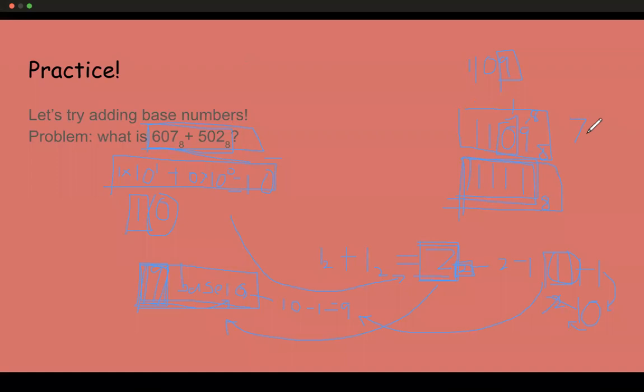So what happens when we exceed 7? Kevin? What happens when we exceed 7 in base 8? Think about what happens when we exceed 9 in base 10.